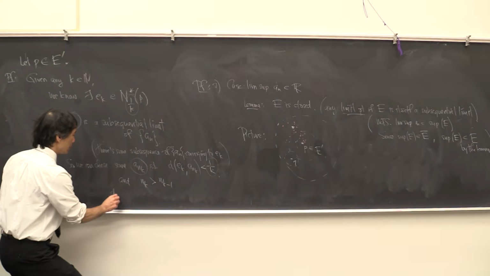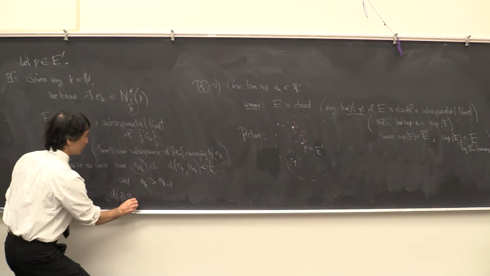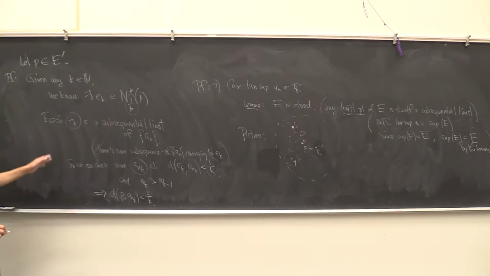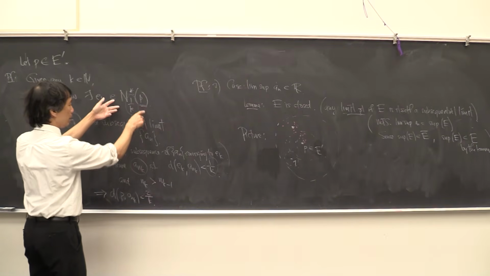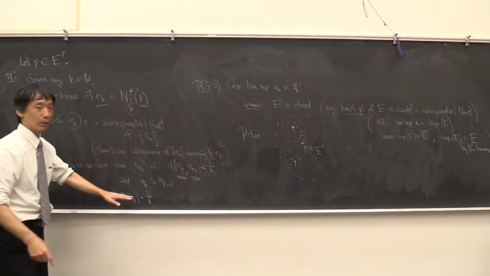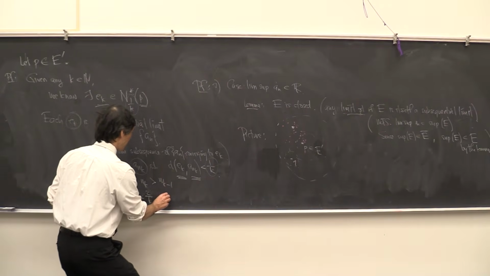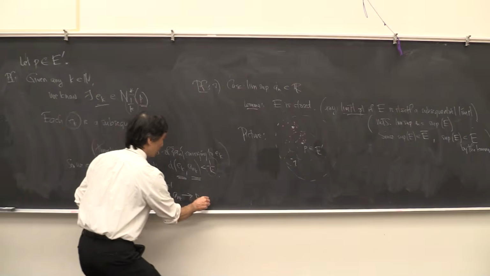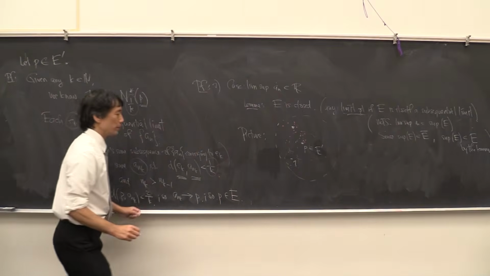And then, of course, you see that the distance from P to A sub n sub k is smaller than 2 over k, by triangle inequality. The distance of E sub k to P is 1 over k, and the distance from A sub n sub k to E sub k is smaller than 1 over k. And so the A sub n sub k converge to P, and so P is itself a subsequential limit.